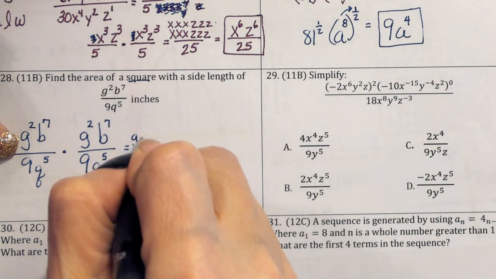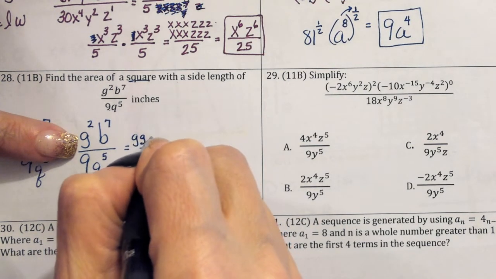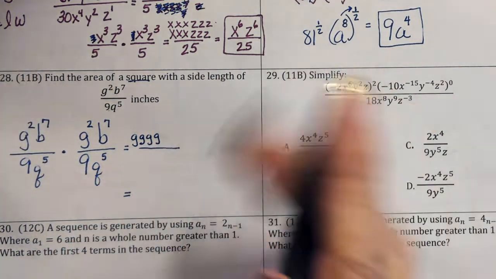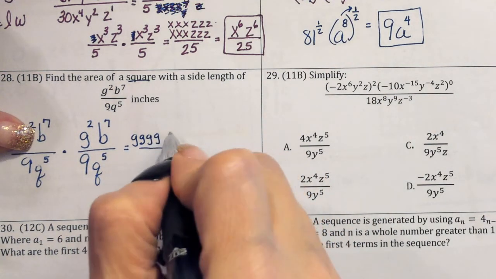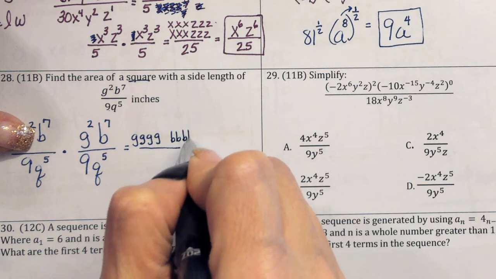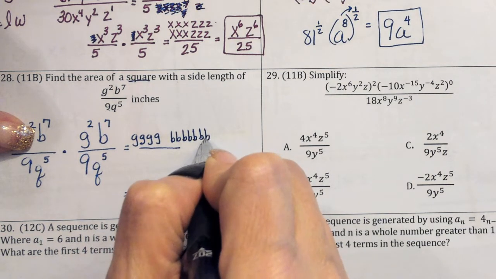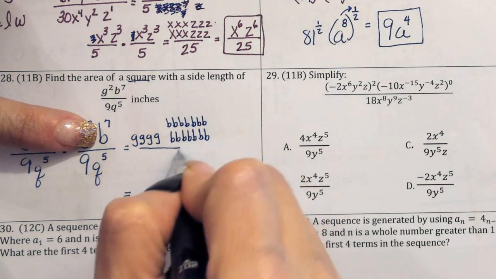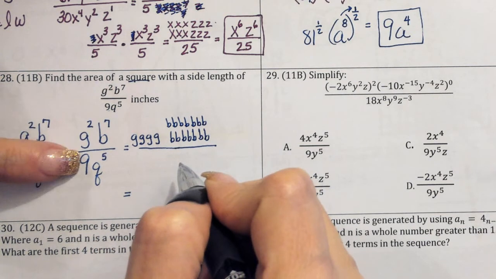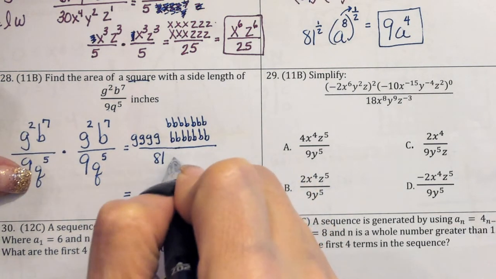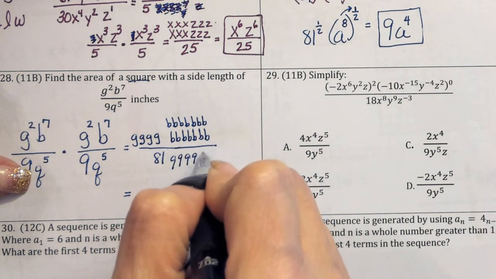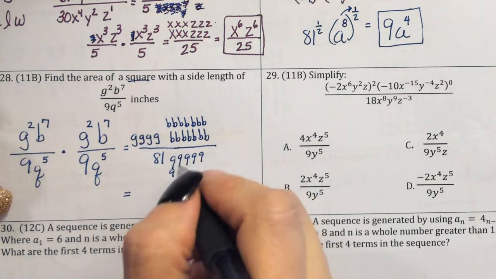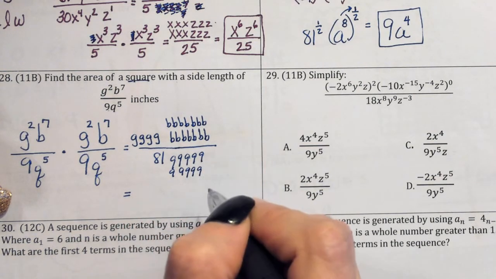I've got 2 G's here and 2 G's here. How many G's is that going to be? Yeah, that's 4 G's, but we'll go ahead and finish it up. We'll have 7 B's, so 1, 2, 3, 4, 5, 6, 7 B's, and 7 more here, 2, 3, 4, 5, 6, 7. 9 times 9 will be 81. 5 Q's, 1, 2, 3, 4, 5. 5 more Q's, 1, 2, 3, 4, 5.